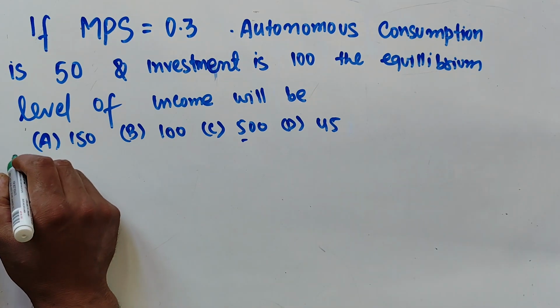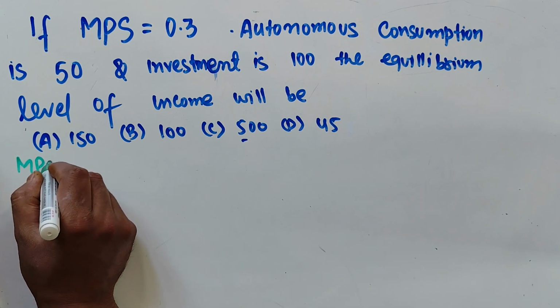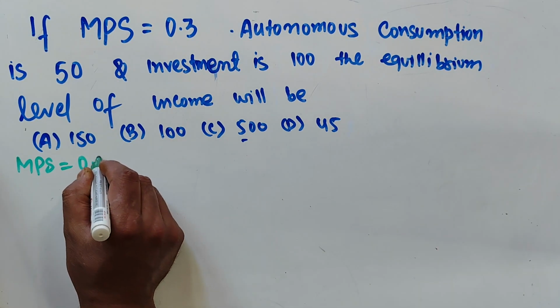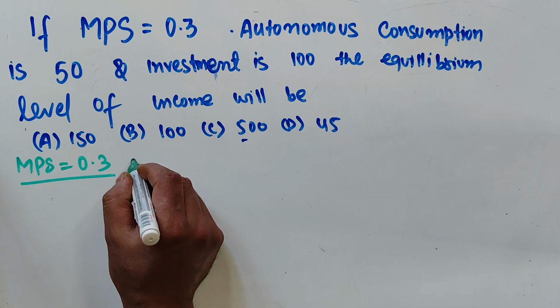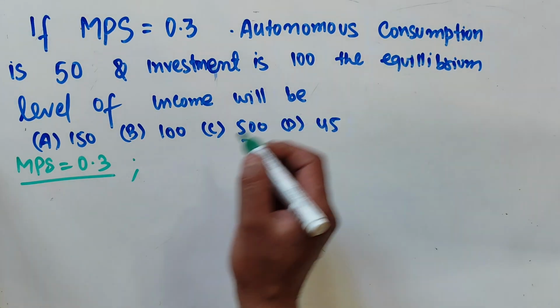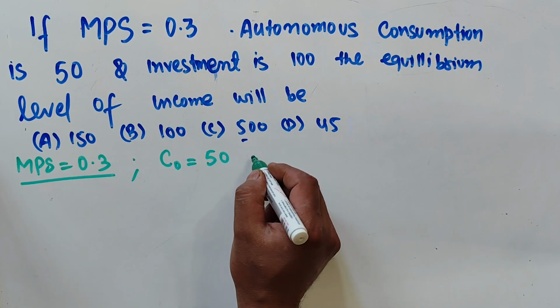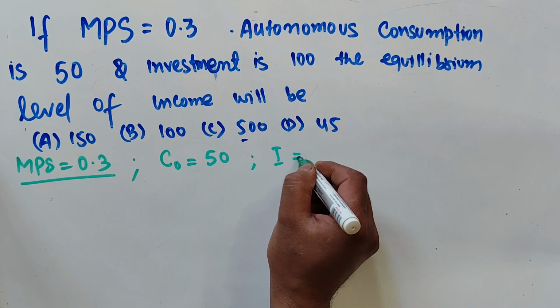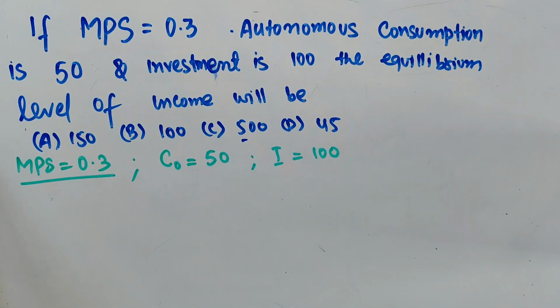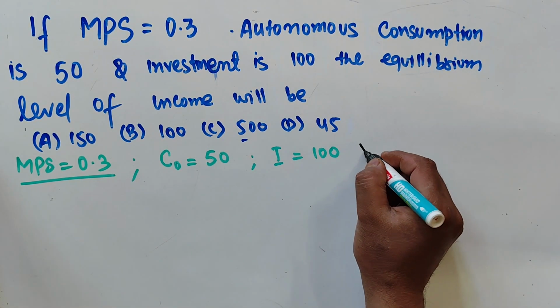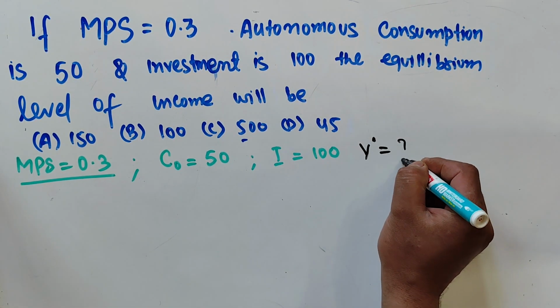So what we are being given, we are being told that MPS is equal to 0.3. Also, autonomous consumption, let's denote it by C naught, is given as 50. Also investment is given as 100, which is autonomous here. Also we are supposed to find out the equilibrium level of income.